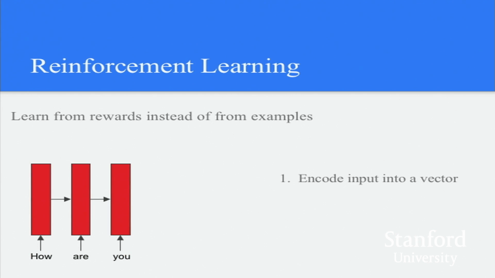And then they train a model to maximize the scoring function using reinforcement learning. So I'm not going to go into detail on how reinforcement learning works, but the main idea is that instead of learning from an example, so how a human responded to a message, you learn from a reward signal. So we start off with, as before, encoding the message in a vector.